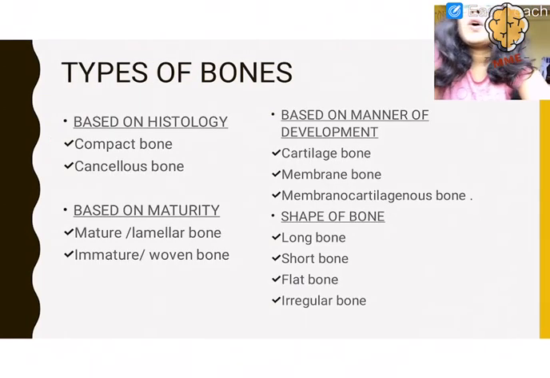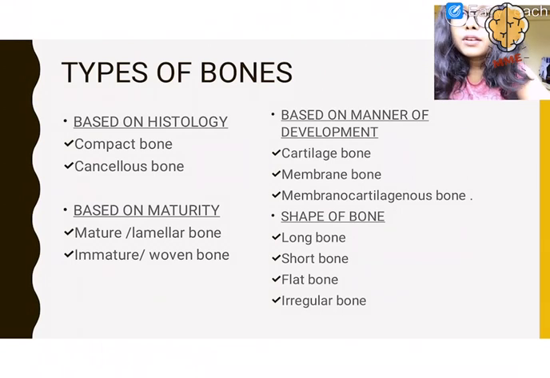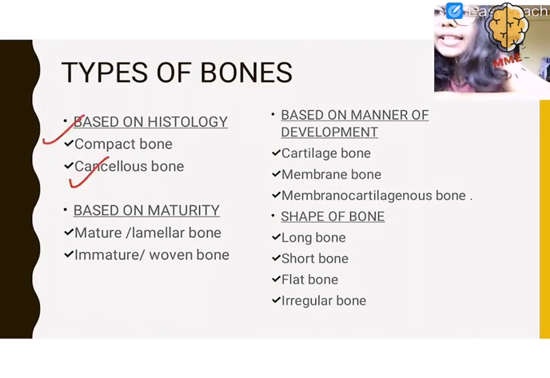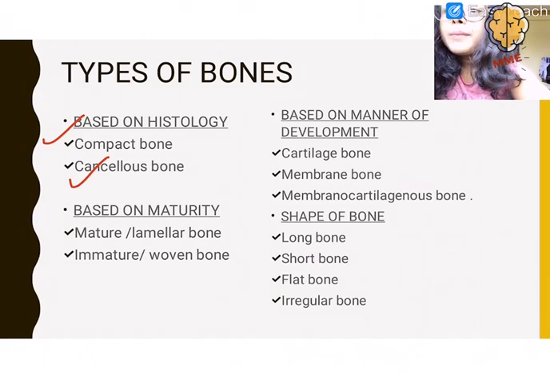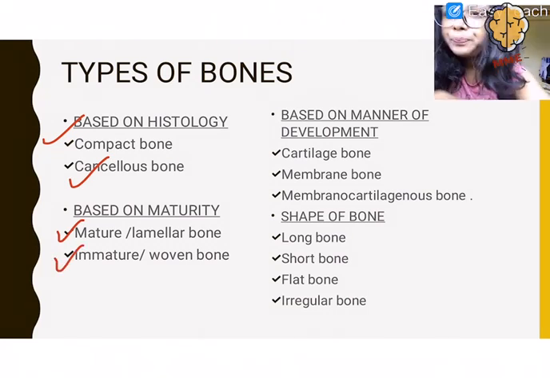Okay, now types of bone. The bone can be divided into various subtypes based on histology, maturity, manner of development and the shape of bone. First of all, on histology, the bone can be divided into compact bone and cancellous bone. Based on maturity, the bone can be divided into mature or lamellar bone, or immature or woven bone.